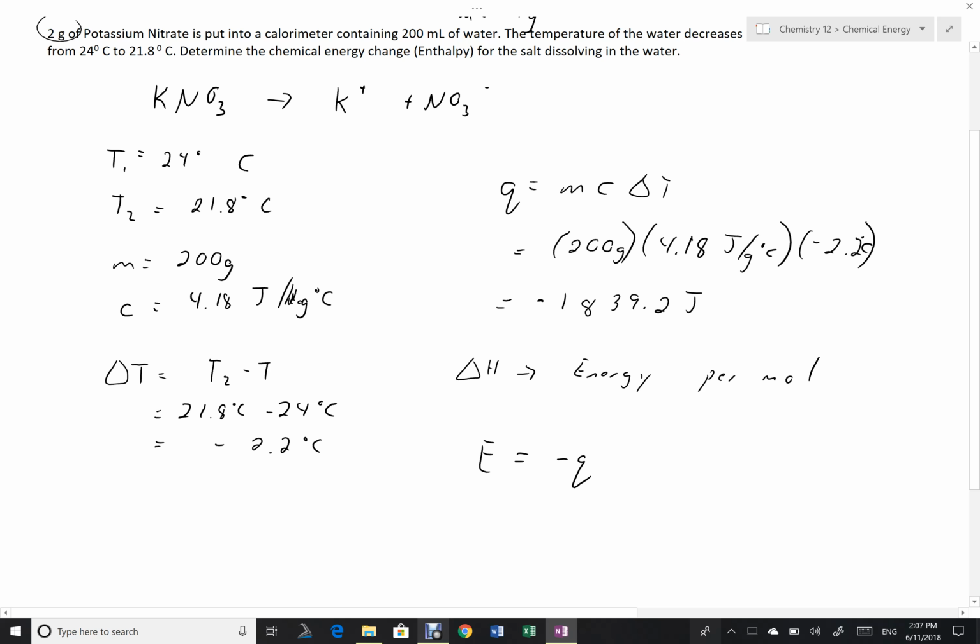So E, remember, the energy is associated with 2 things, the number of moles and the amount of energy per mole. So moles times delta H is going to be equal to negative Q.